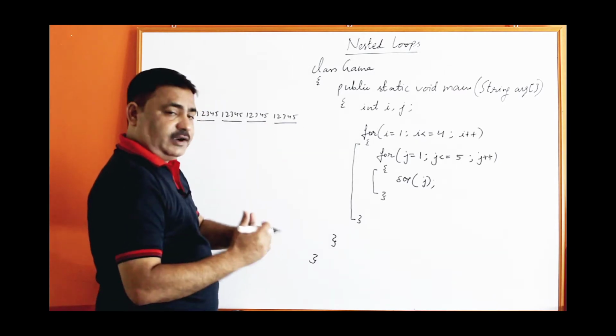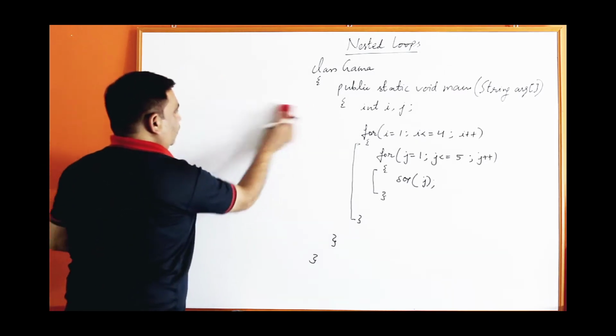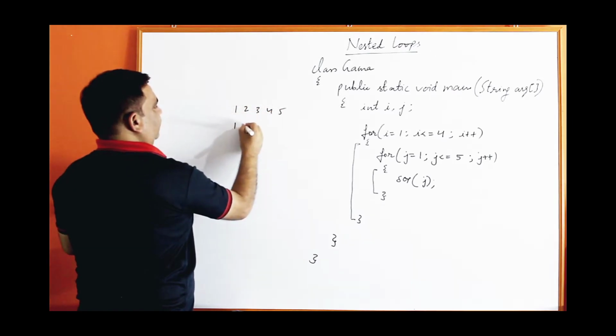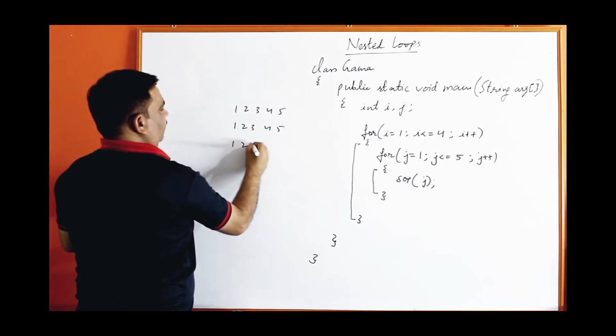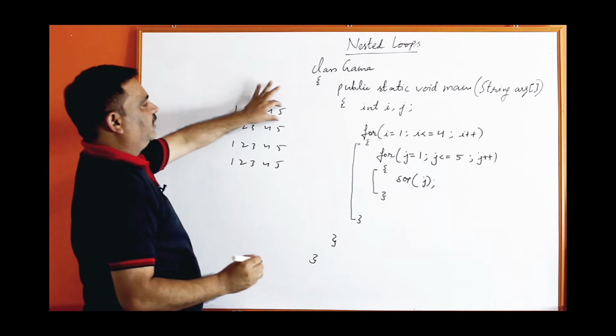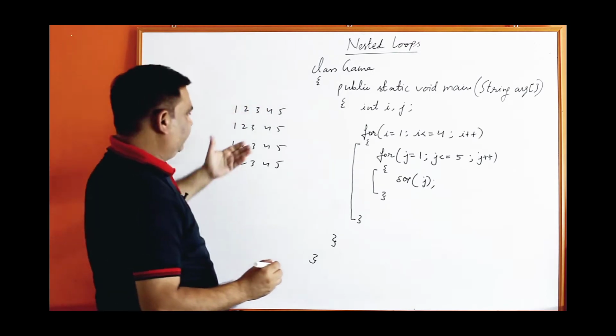Now another output, I want the output like this: 1, 2, 3, 4, 5, 1, 2, 3, 4, 5, 1, 2, 3, 4, 5, each set of 5 numbers on a separate line.